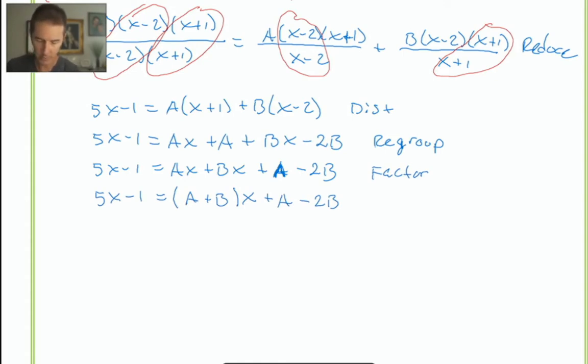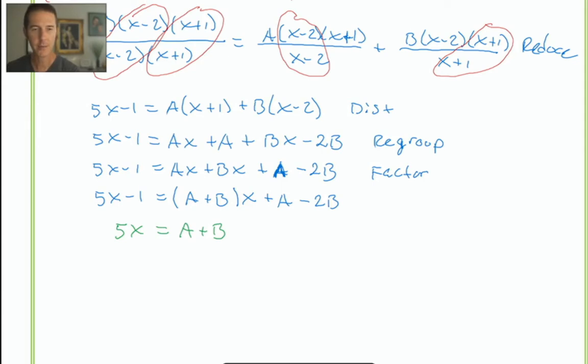I'm going to switch colors, and I'm going to say that 5x on the left-hand side, I have 5 x's on the left-hand side, so that better be equal to the number of x's that I have on the right-hand side. I'm setting their coefficients equal to each other. You could even say I am equating the coefficients.